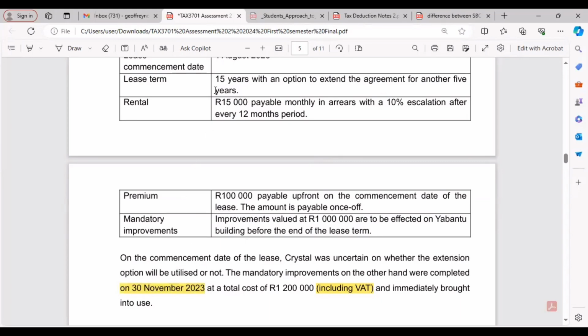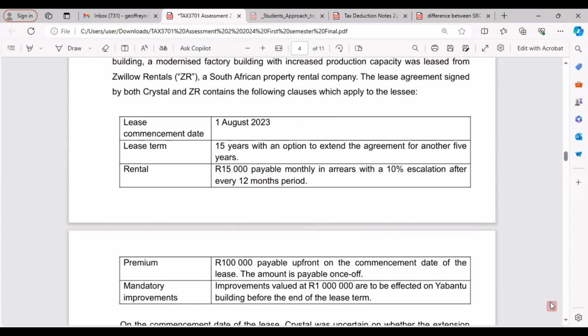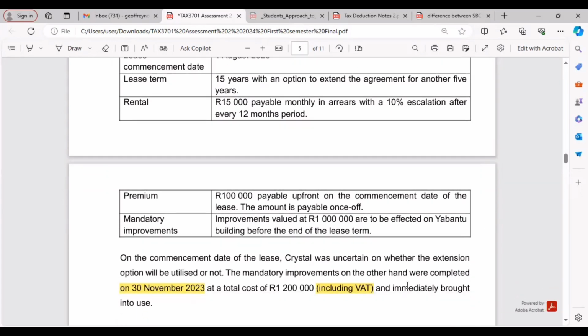But remember, this 15 years covers from 1 August until whenever. So SARS says that period that you were effecting improvements, take it out. So how many months did you spend effecting improvements on the property? September, October, November, December. 4 months.